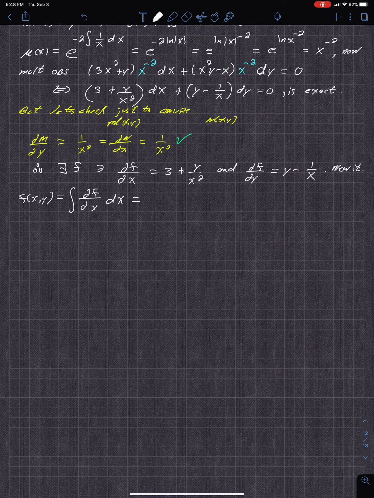So it's the integral of (3 + y/x²) dx. You integrate that.